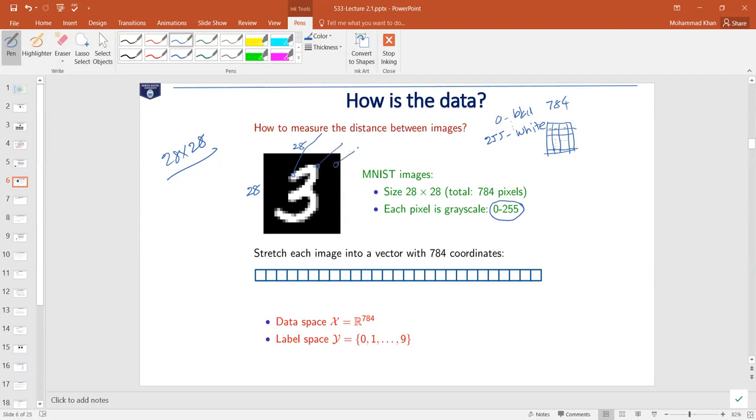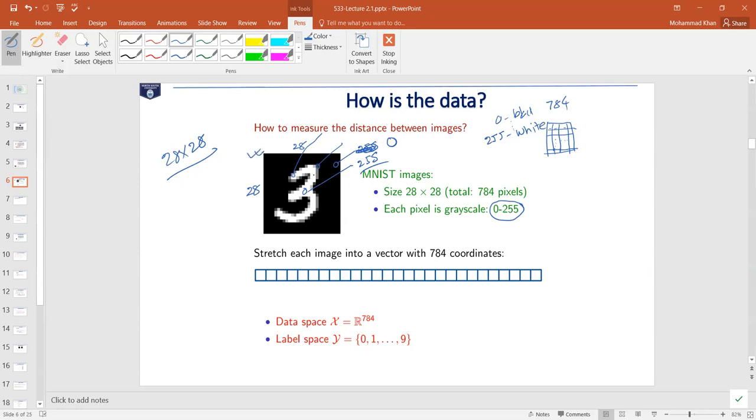So almost all of these will have values closer to 255, and these pixels, sorry, closer to 0, and these pixels will have values closer to 255. So that's how we represent an image in our data set.